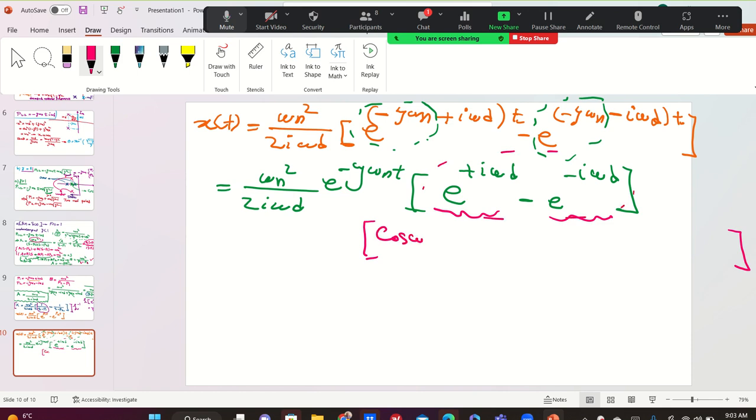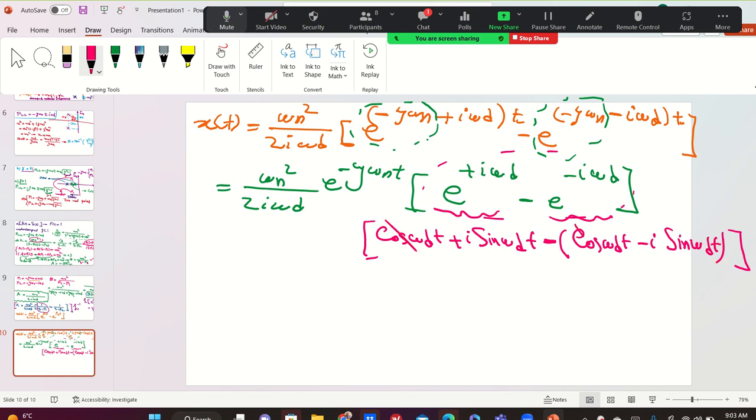Cosine omega_d t plus i sine omega_d t, minus, because I told you the Euler series expansion, right? Or Euler. So cosine omega_d t minus i sine omega_d t.